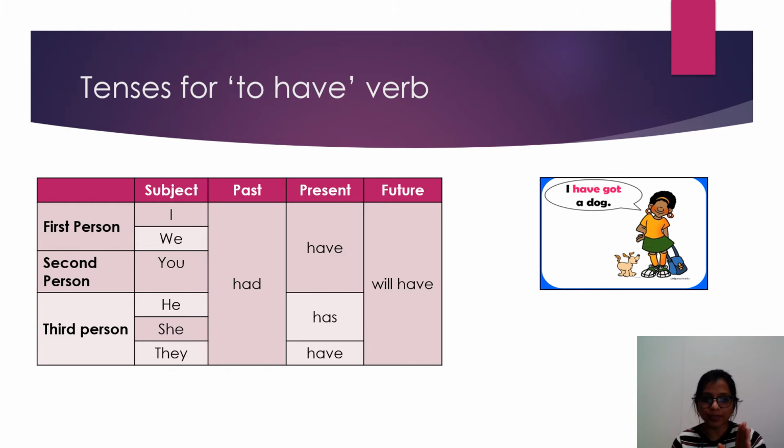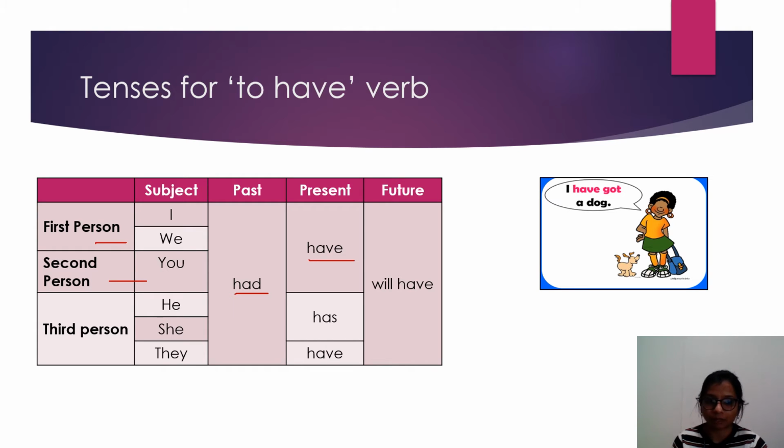So, if you see this, you will realize that this is similar to your table for the previous verb, to do. So, for the past tense, we have used had, irrespective of the subject. There we used did. For present tense, for first person and second person, we have used have. There we had do. That's right.